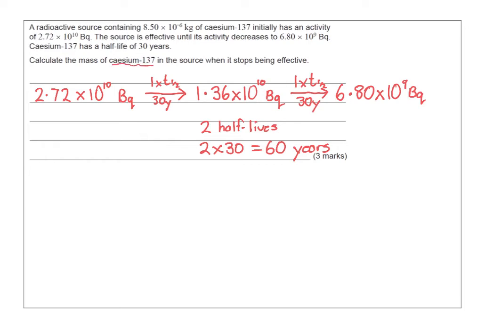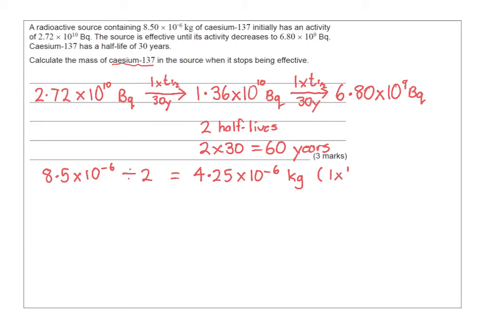So we would go 8.5 times 10 to the minus 6, and then if we divide that by 2, we will get 4.25 times 10 to the minus 6 kilograms. So that's after 1 half-life.